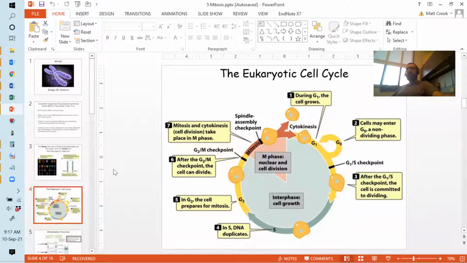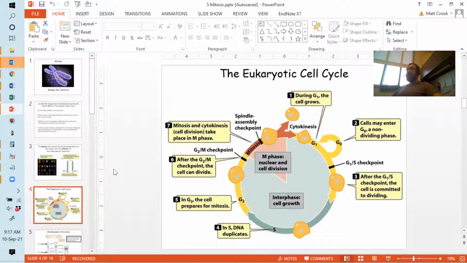You can see stuff happen. The cell gets bigger. If you're staining for DNA, you'll see more of it. But the action only happens in the M phase part. Okay, so that's one big point about the cell cycle.